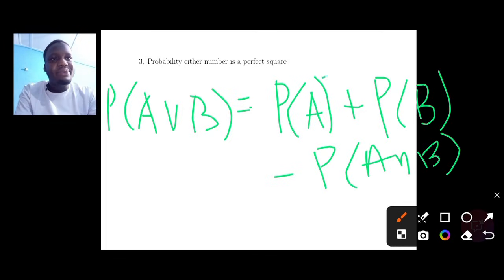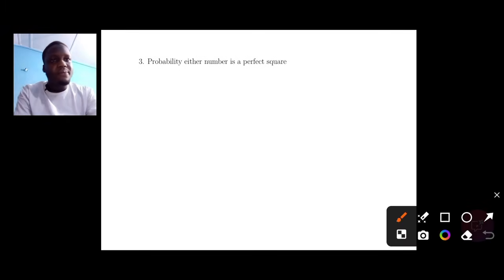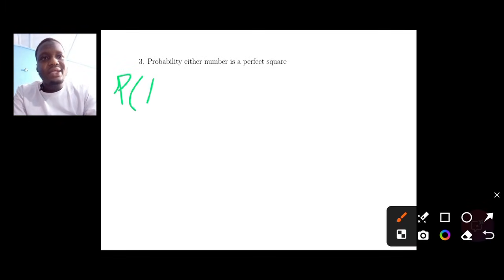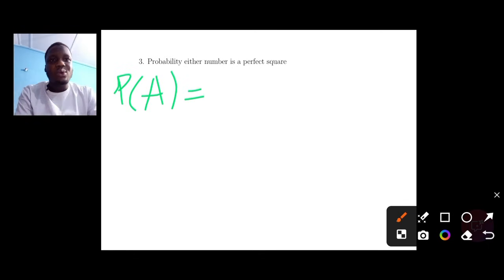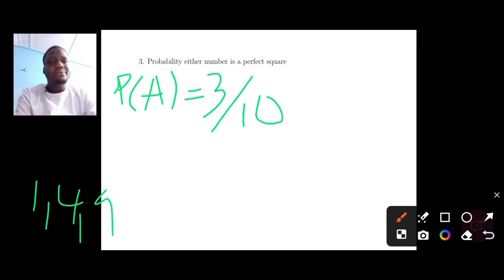Okay, so let's go and find PA, let's find PB, and let's find the intersection. So probability of A here, I mean that the first one is a perfect square. So probability that the first one is a perfect square. How many perfect squares do we have? We have 1, 4, and 9. In that case, the probability that the first one is a perfect square is 3/10.